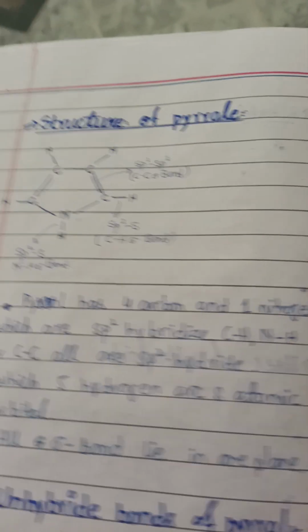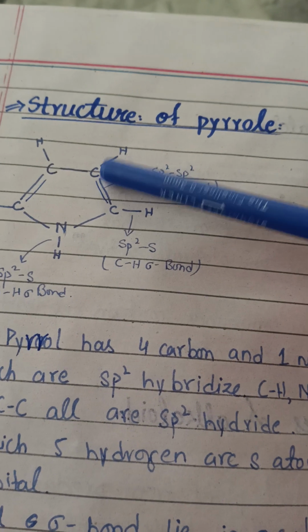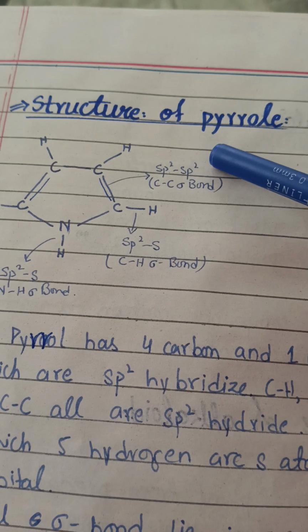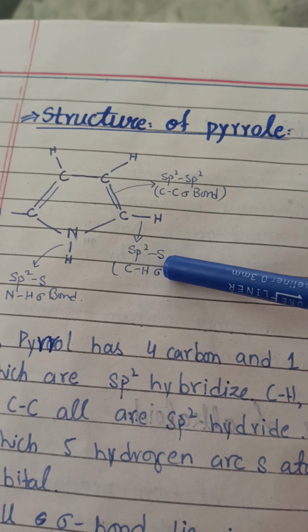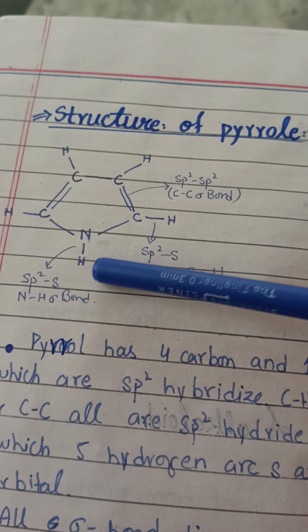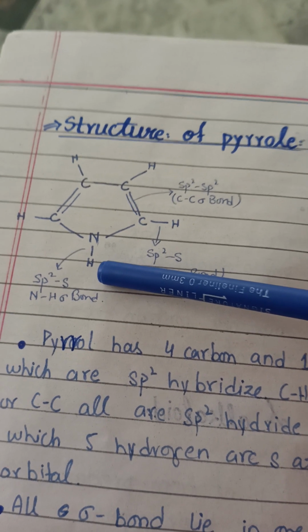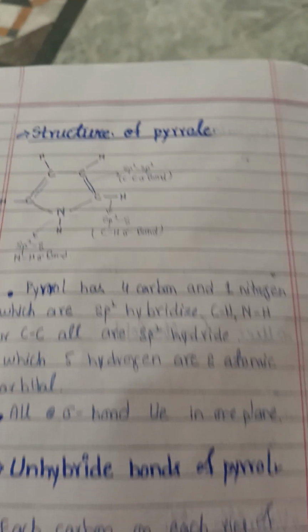Now we move on to the structure of pyrrole. What is the structure of pyrrole? We see this is the structure of pyrrole. In pyrrole, the carbon has sp2 hybridization. The carbon-hydrogen bond is formed by sp2-s overlap, and nitrogen-hydrogen also by sp2-s sigma bond overlap.